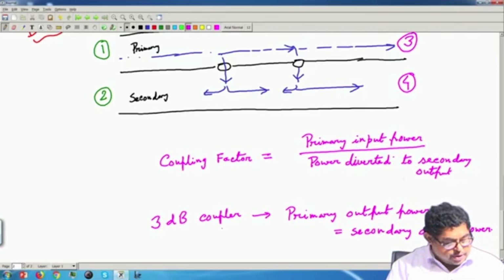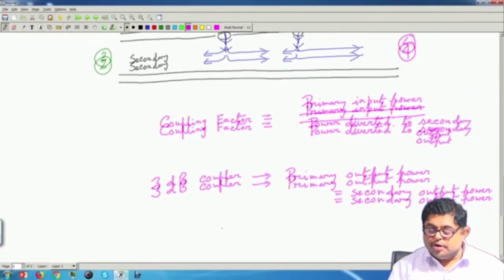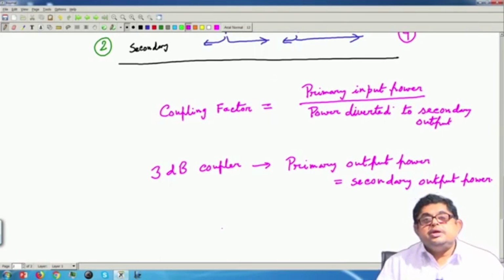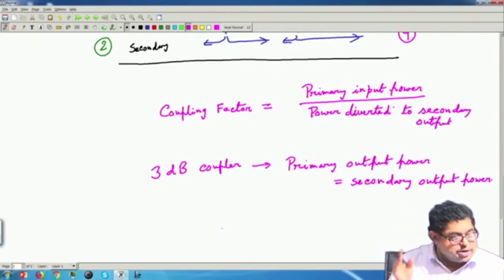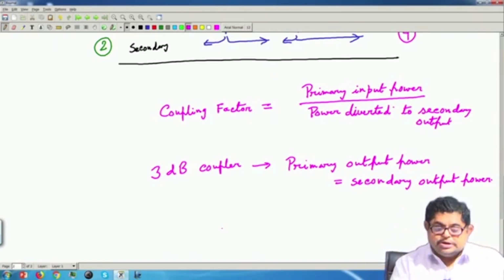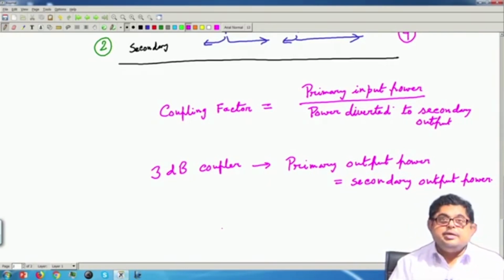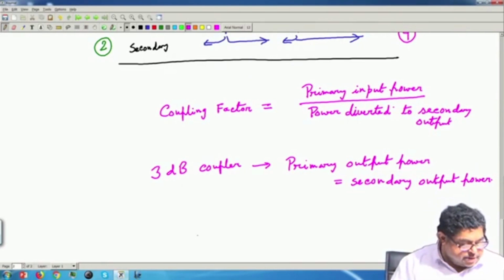So, in monopulse you will be requiring a 4 port directional coupler. In labs I think you have used 3 port directional couplers. There are also 4 ports, but generally the second port is isolated. So, only in one you give the power, but in monopulse operation the hybrid that we require will be the 4 port.